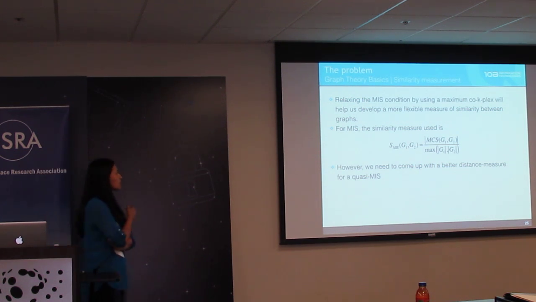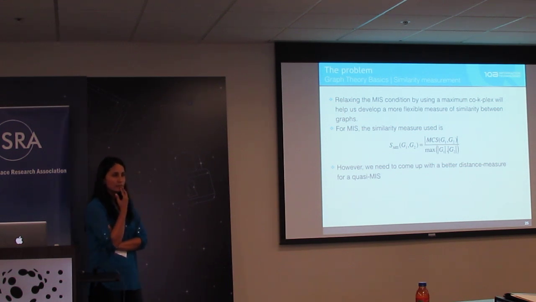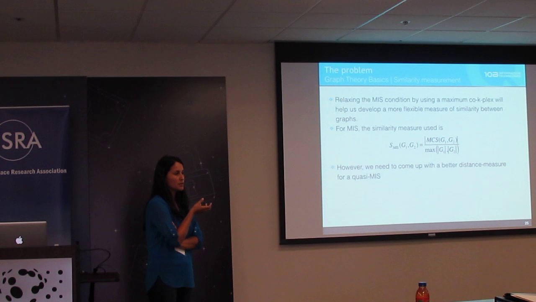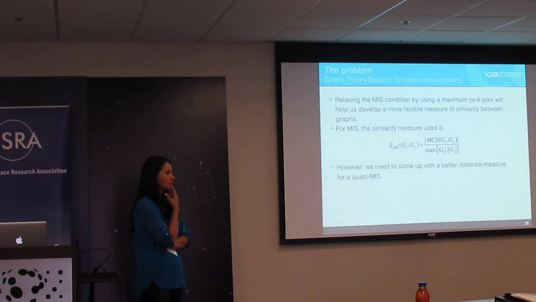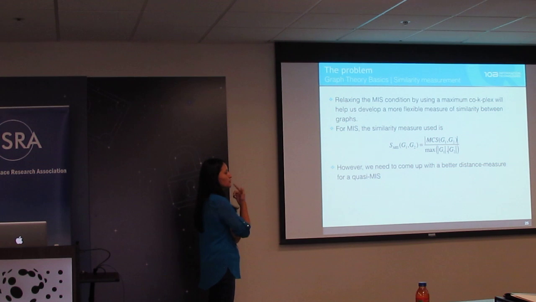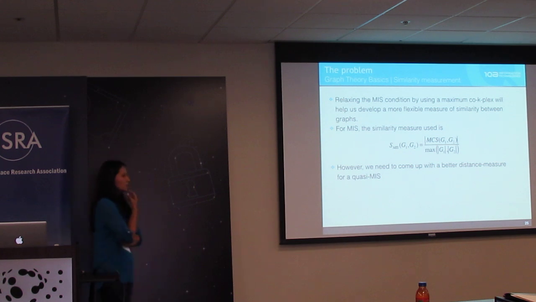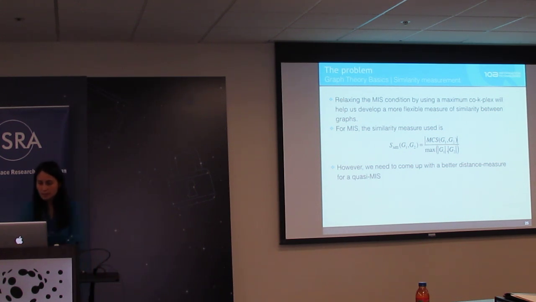So how are we looking for this metric? I need a score. Maybe some people would like to see the actual subgraph that they are obtaining, but for our application, we need to write down a score. Because of the reduction method that we use, this formula is the most suitable for us, so we need to find a new similarity metric for this quasi-maximum independent set.